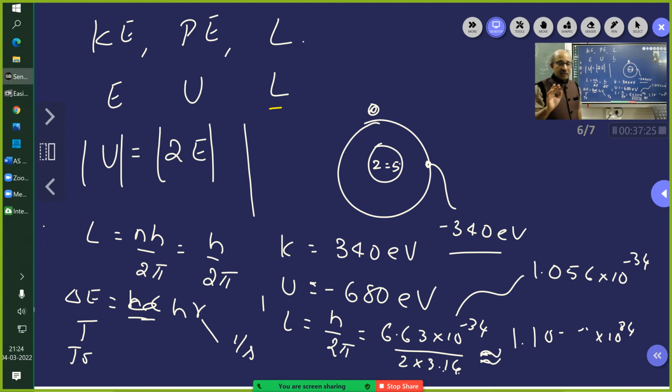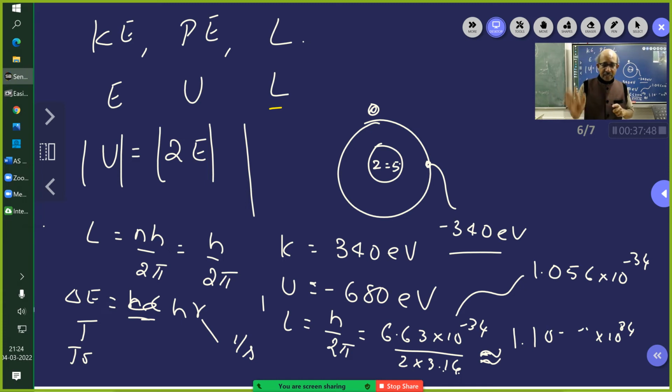I am teaching you all this in detail because if you simply get the answer 1.056 and don't write the units, then it is absolutely useless in physics and you will get 0 marks for that. In all these numericals you have to be very cautious with the units.